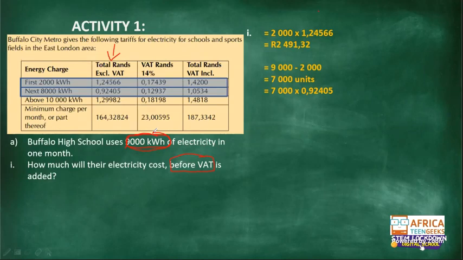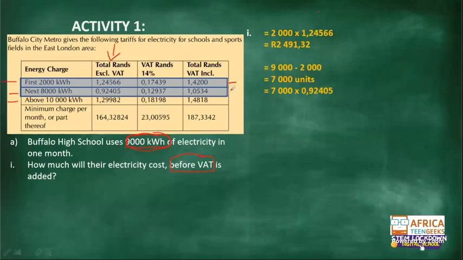Remember, the first block is 2,000 units. The second block is the next 8,000 units. So that's 10,000 together. And then above 10,000, there's a different rate. Okay? So we've got 9,000 units for the school, but 2,000 is charged in block 1, and now the other 7,000 is charged in block 2.